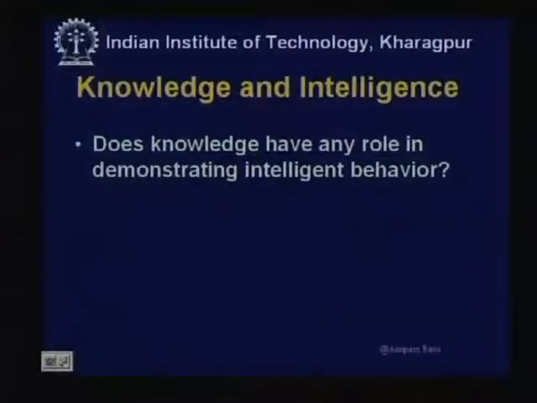Now, what is the role that knowledge plays in intelligent behavior? Let us first try to address the question, does knowledge have any role at all in demonstrating intelligent behavior? I know that this is a debatable issue.